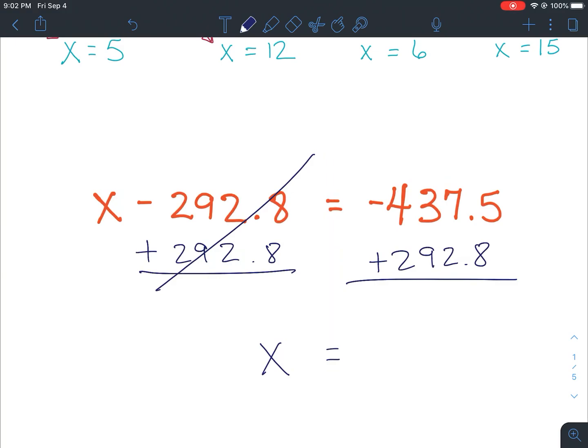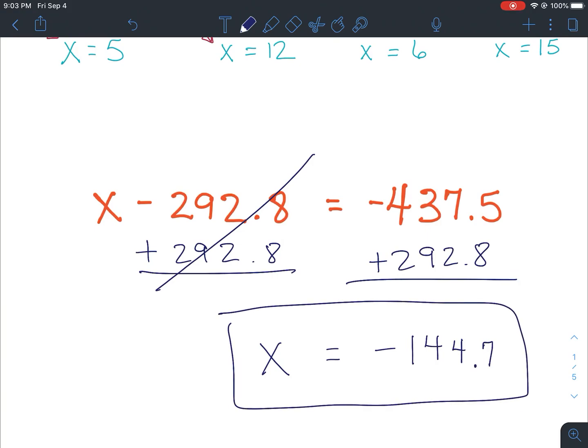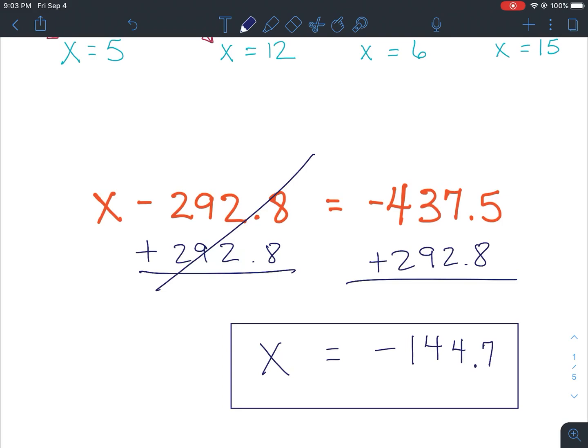And then the signs are different, so I'm going to subtract and keep the sign of the larger number. And that would be the answer. Now, even though that problem wasn't easy to do mentally, by using the inverse operation I was able to isolate the variable and solve the equation to find a solution of negative 144.7.